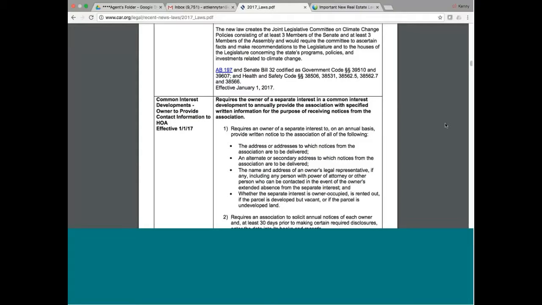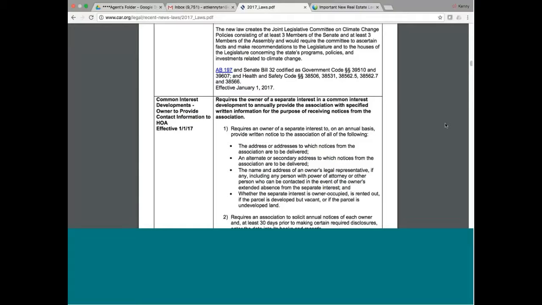In addition, they also need to tell you an alternate or secondary address to which notices from the association are to be delivered. So not only must they tell you the primary address where they want to send notices, in addition, they must also give you a secondary address in case the association needs to know that.